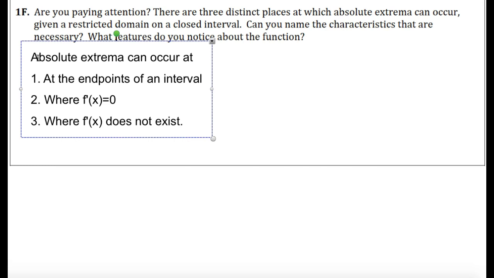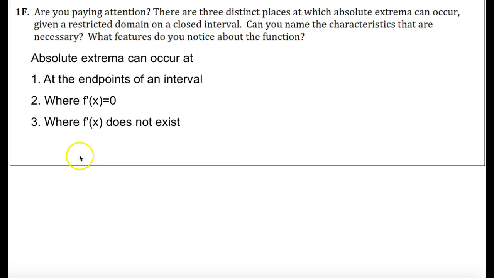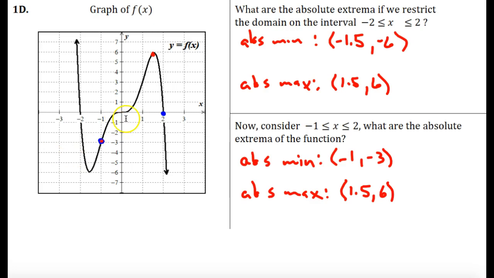Okay, so let's go back and take a look at those real quick here. So on graphs that we just looked at, if I go back to this one, we looked at a couple of examples where this was a minimum value, this was a maximum value. Those are places where the derivative is equal to 0. Those are places where I would have a horizontal tangent line, right?